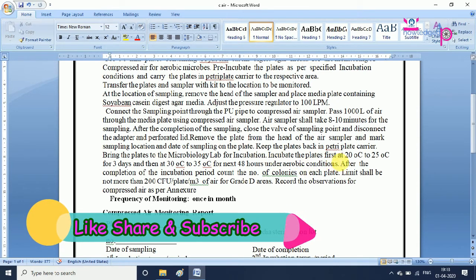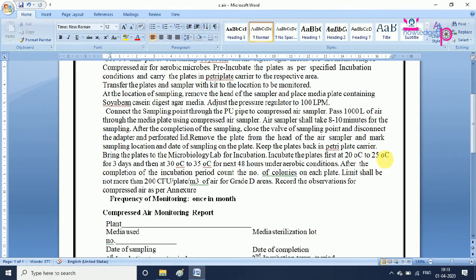Incubate the plates first at 20 to 25 degrees Celsius for 3 days and then at 30 to 35 degrees Celsius for the next 48 hours under aerobic condition. After bringing these Petri plates to the microbiology lab, we have to incubate them at 20 to 25 degrees Celsius for 3 days, and after that incubate the same plates at 30 to 35 degrees Celsius for 48 hours.